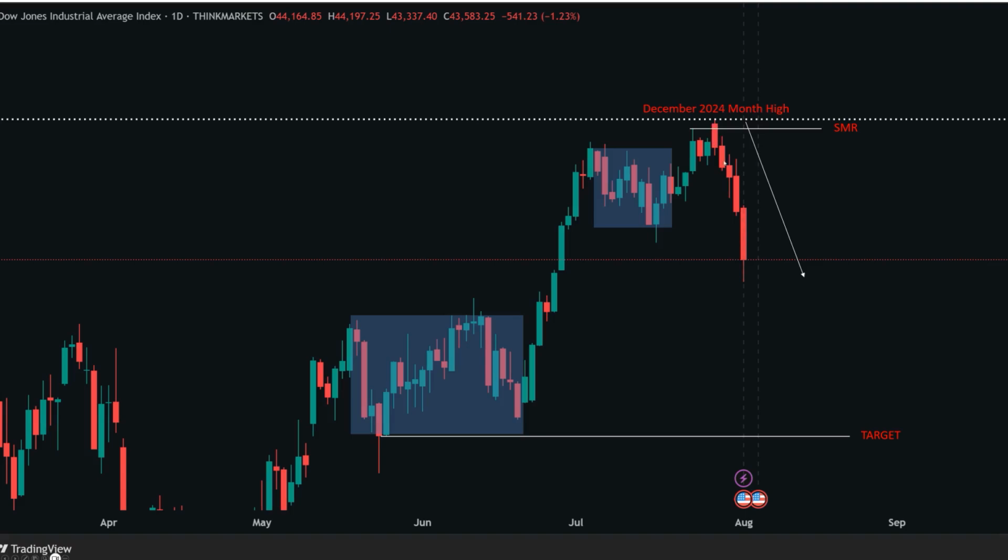Then price moves lower. So if you're going to take this entry, this is a December 2024 month high, and we're in August 2025. So that's a very important key level that was engaged. Then you see this high taken, and then a reversal.